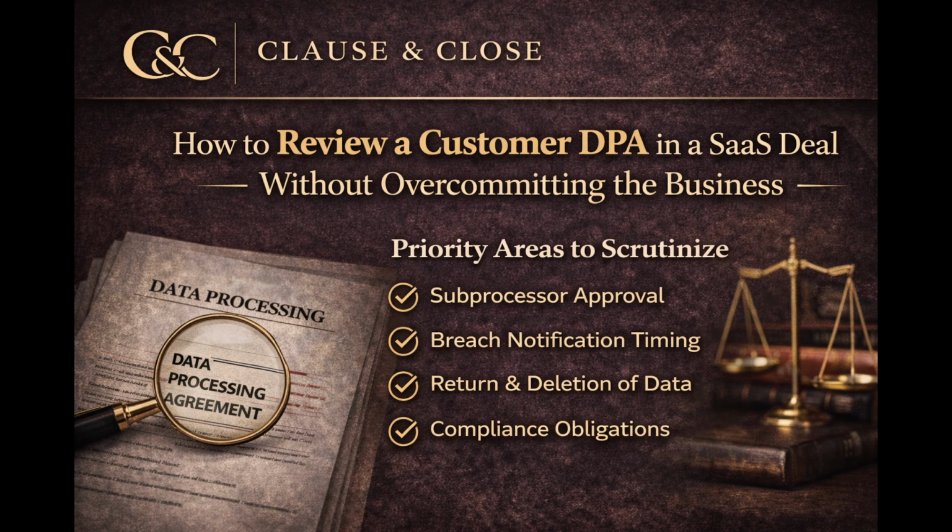Take breach notification. Preferred position: notice without undue delay after confirmed breach. Acceptable fallback: a short defined timeline starting from confirmed awareness, if security validates that it can be met. Escalation point: absolute 24-hour notice of any suspected incident.